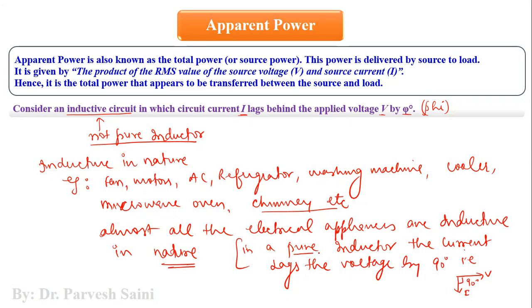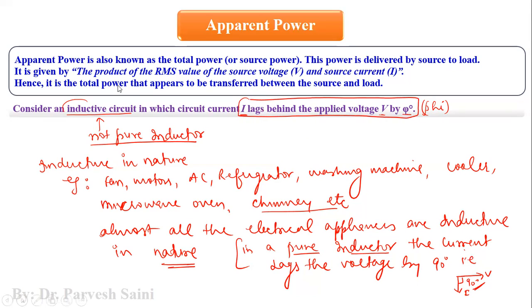But this is the case of a pure inductor. However, in general AC circuits, the current does not lag the voltage by 90 degrees. However, it lags the voltage by some angle phi, which can be calculated.